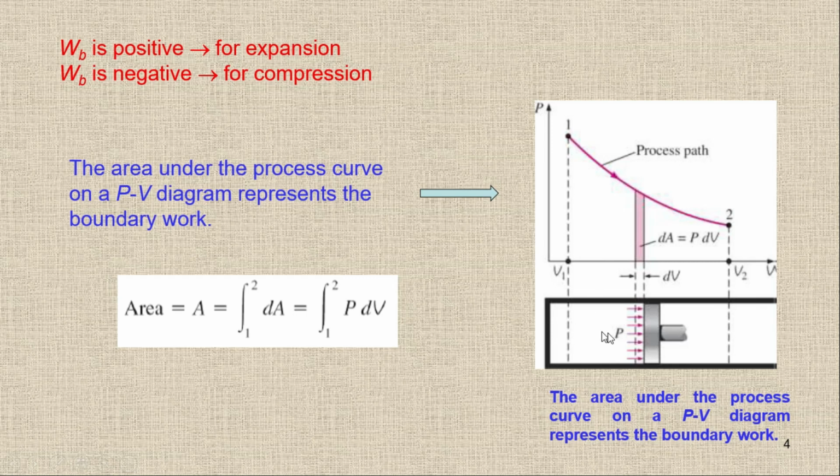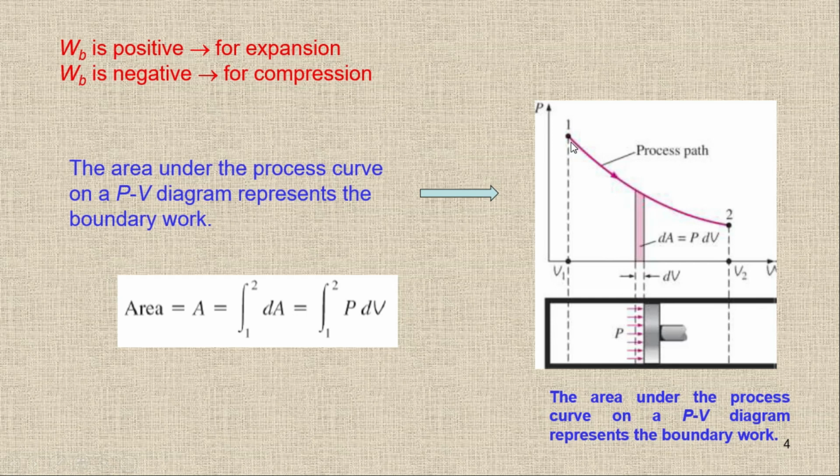So it is moving like this, and right now we are not assuming that the pressure is constant; rather, we are saying the pressure is variable, the pressure is going to change. As we can see, the piston is moving and we are getting an expansion process, because the gas or the fluid is going to expand. That's why you can see the pressure is going to decrease while the volume is going to increase, and you will get a curve like this one.